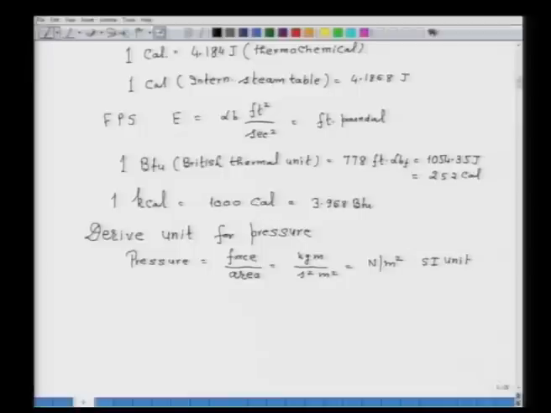Now, similarly, some relations. 1 Pascal, written as Pa, is equal to 1 Newton per meter square, and that is also equal to 10 dynes per centimeter square.